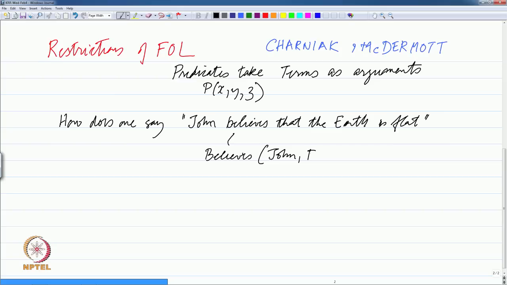So, I would write it something like this. This is what I would want to say essentially, that belief is a relation which captures what John believes in. So, the first argument is the person who believes it, and the second argument is what that person believes.